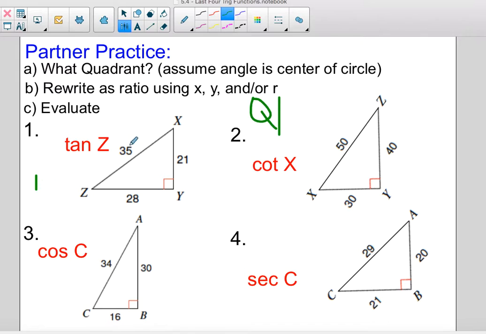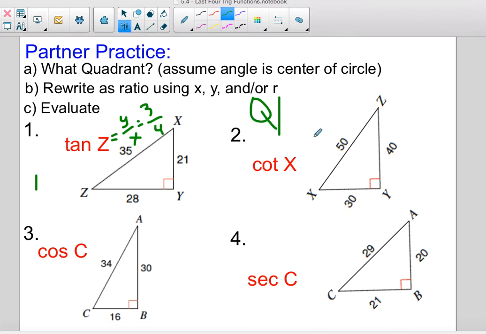Tangent is opposite over adjacent, but actually, hold on, rewriting with x and y's, it's going to be y over x, right? The y coordinates go up, the x coordinates go left and right. So y over x is 21 over 28, which you can divide them both by 7, and you get 3/4. So tangent of Z is 3/4.